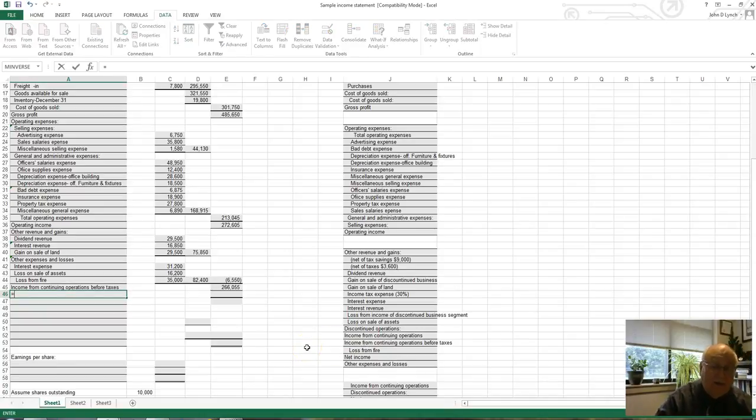And then we do the income tax. There we go, income tax. And we're assuming a 30% rate on that. So we take the $266,055 times the 0.30 and get $79,817.